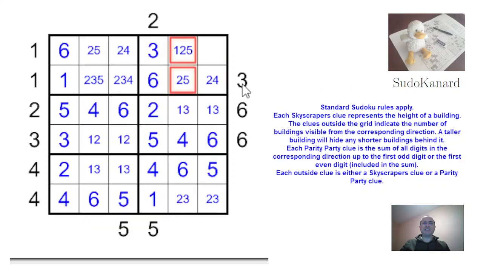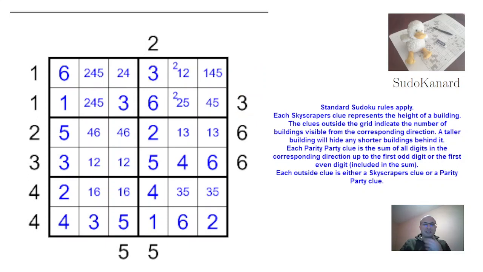But that's actually very interesting, because now I can't delete this 3. Because now, let's just disregard this 3.